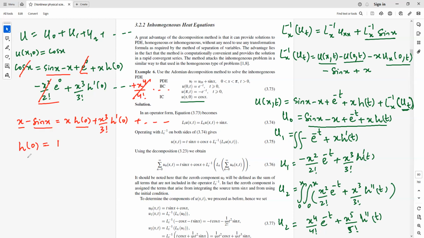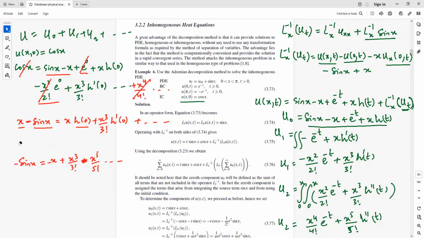This is negative sine x, which means that if we expand this in the Taylor series, the Taylor series of sine x is x minus x cube over 3 factorial plus x to the power 5 over 5 factorial, and so on. Therefore, this is negative sine x. So negative sine x equals negative, positive, and this will become negative, and so on. So now, okay, so we have one more term here. So we cannot conclude that h(0) is 1.